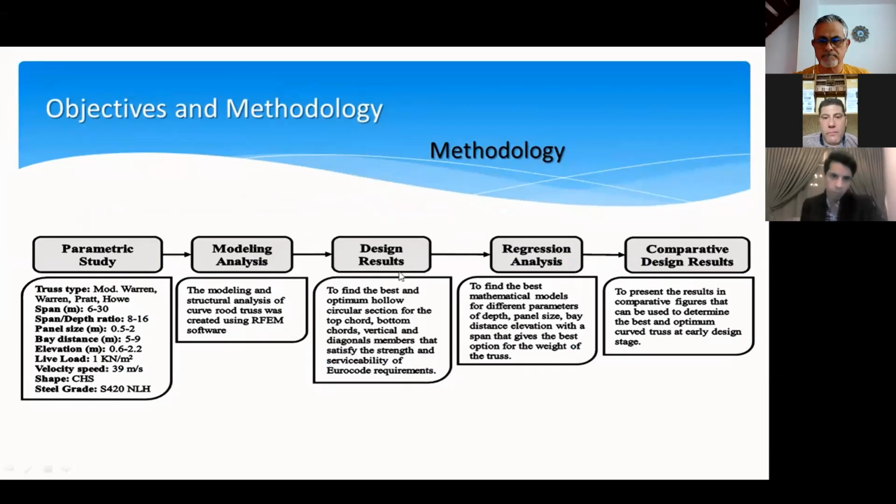The information from modeling analysis we're going to use in design results, and we're going to use these results to conduct a regression analysis study to find the perfect design, and in the comparative design results stage, we're going to compare them by early design stage projects.